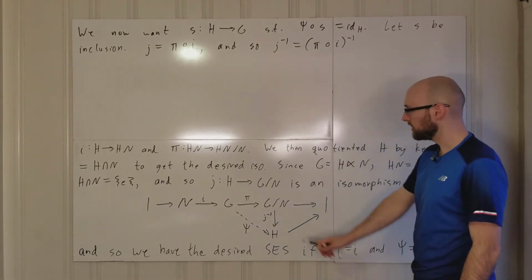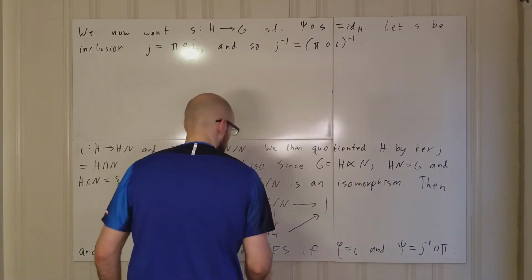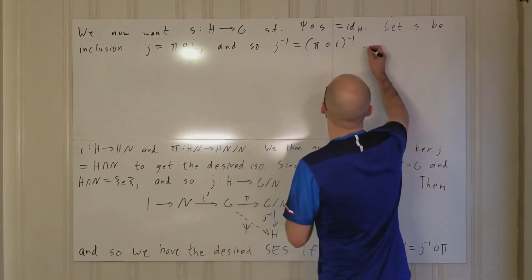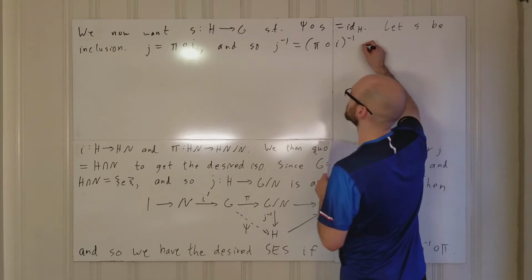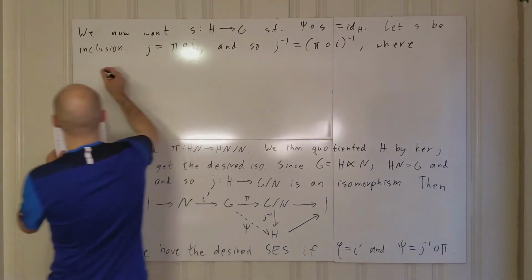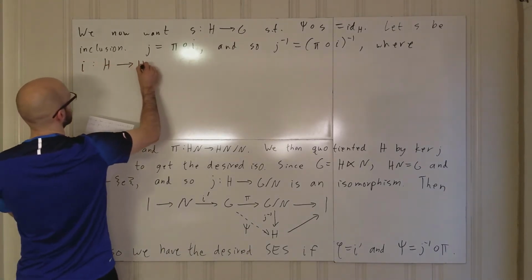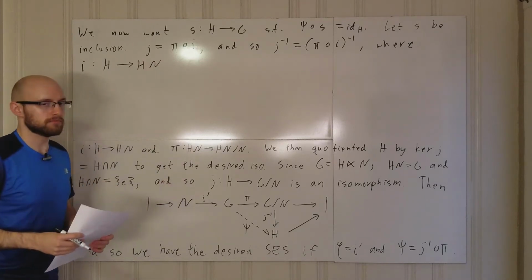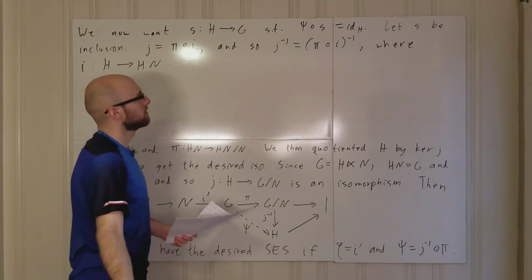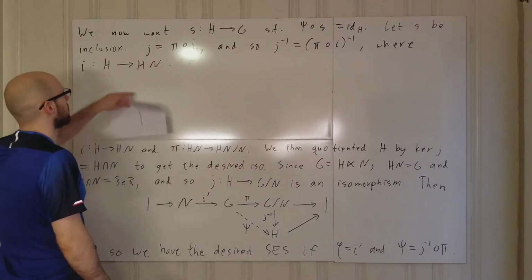The only I I've reused is here. So I'm going to call this I prime, actually, if E equals I prime. And so then this I, remember this is inclusion from H to G. But let's remember what happened in this scenario.